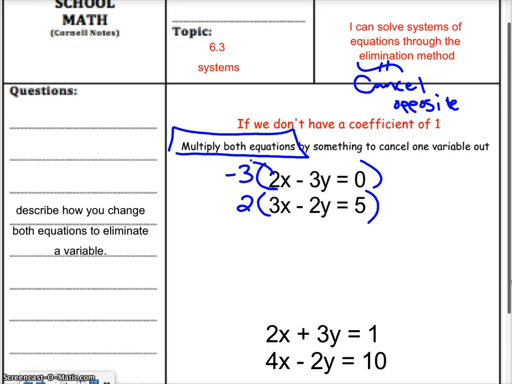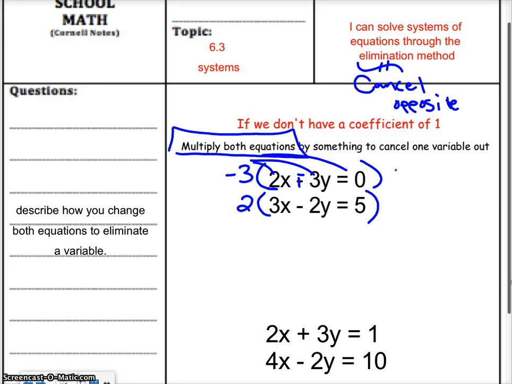Now distribute to everything. That means everything. I'm turning a plus a negative because I'm distributing a negative. The only time I turn it to plus a negative is when I distribute a negative.